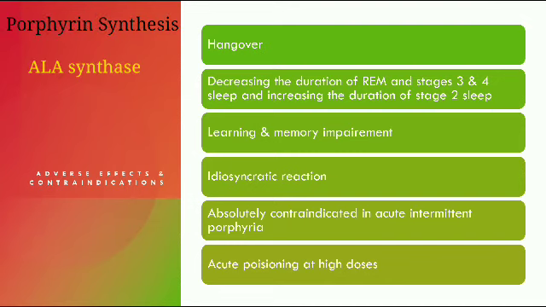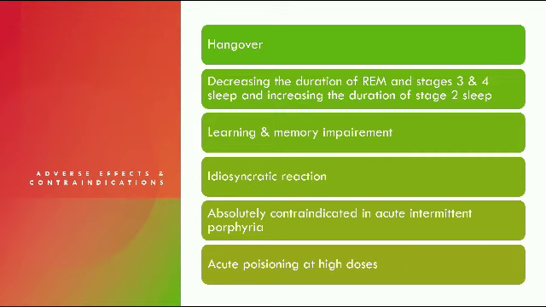The rate limiting enzyme in the porphyrin synthesis process is disturbed by barbiturates, which leads to increased porphyrin synthesis. Why? Because it induces the ALA synthase. Hence barbiturates are absolutely contraindicated in acute intermittent porphyria.